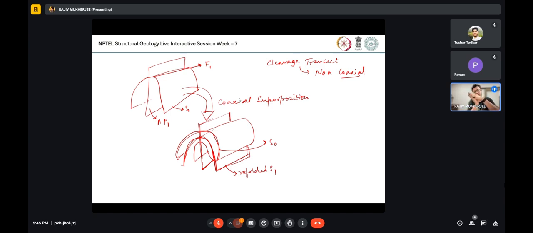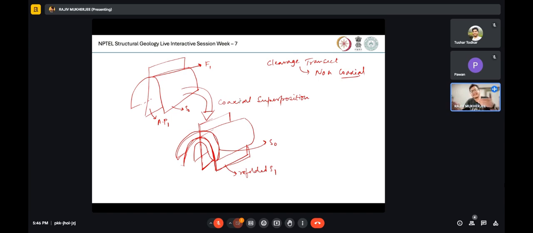You are rotating the cleavages with respect to each other so that they will not be parallel. In this case, the S2 and S1 are parallel. Cleavage transection means you are producing cleavages in such a way that they will not remain parallel. And that is only because you are producing asymmetric deformation.